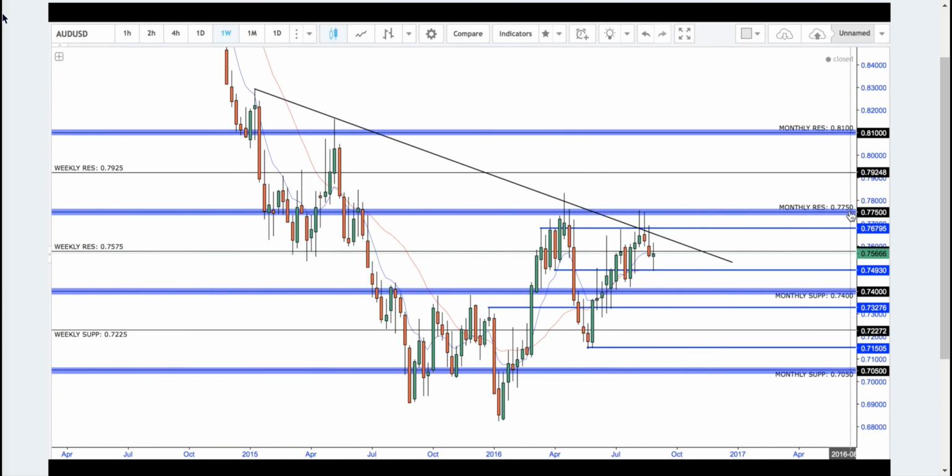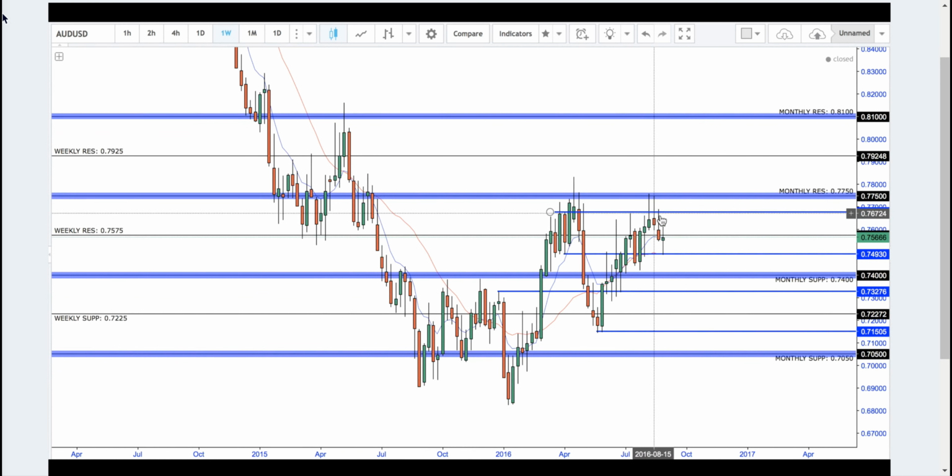So this trend line here, I know of it, it's in my head, I'm mindful of this trend line, but I'm not going to leave it on for the sake of keeping my analysis clean. If we do get a breach back above, I don't know, anywhere around here, subconsciously I will think about that trend line, I'll plot it back on to see how the market is performing against it.